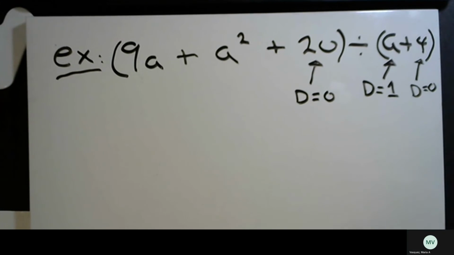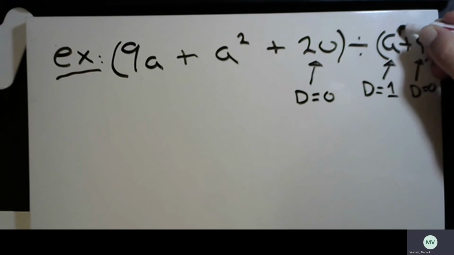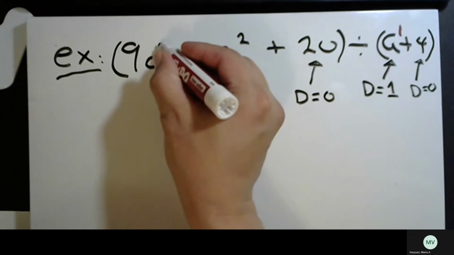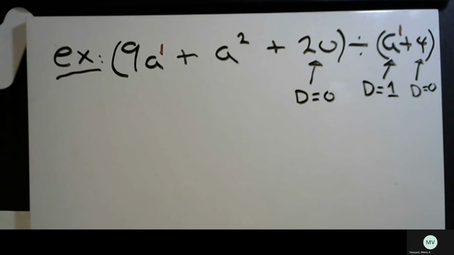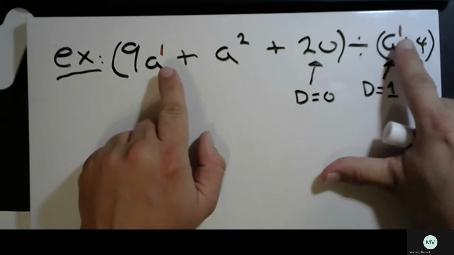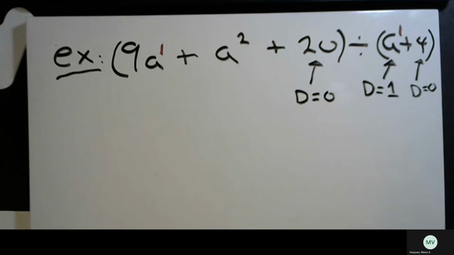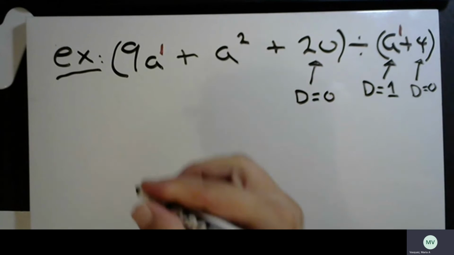For a variable like a or 9a, there's an invisible 1 as an exponent. So that's why this is a degree of 1.